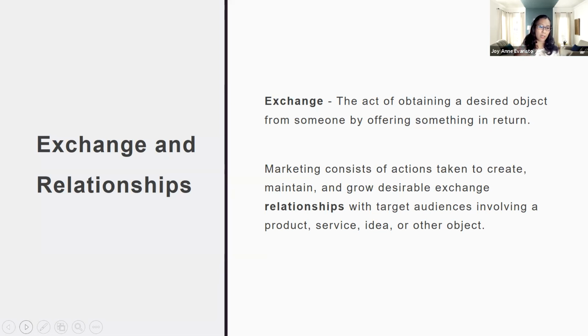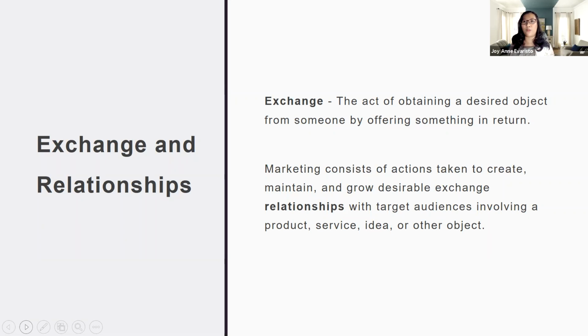They can also be people, places, ideas, information, etc. For instance, when a party list offers a candidate, or a candidate offers him or herself for a position, and then you vote for that candidate, that is actually an exchange.